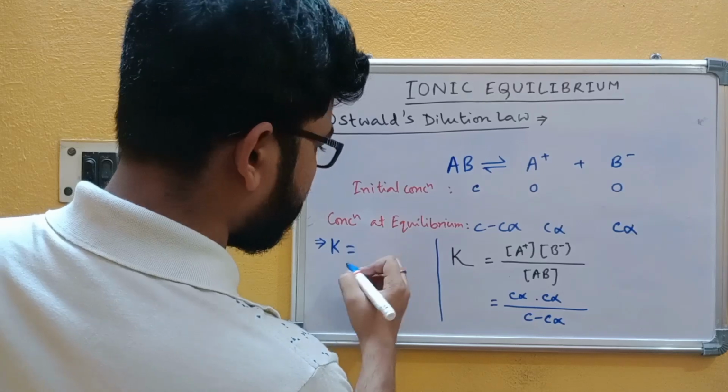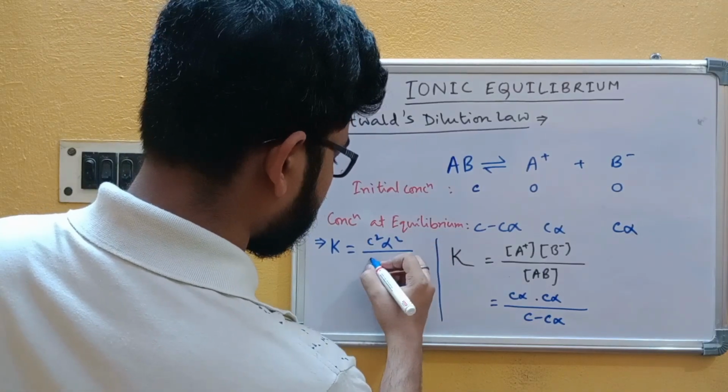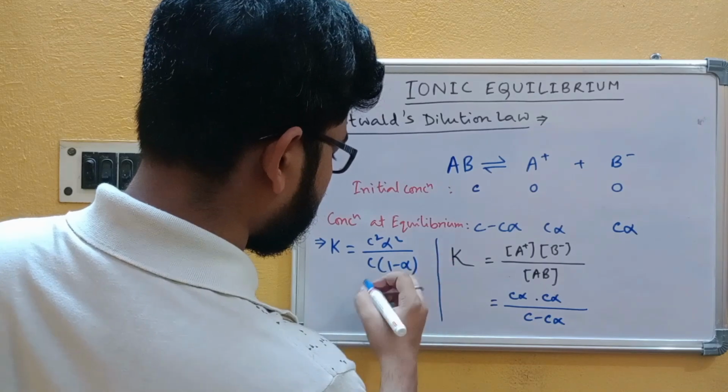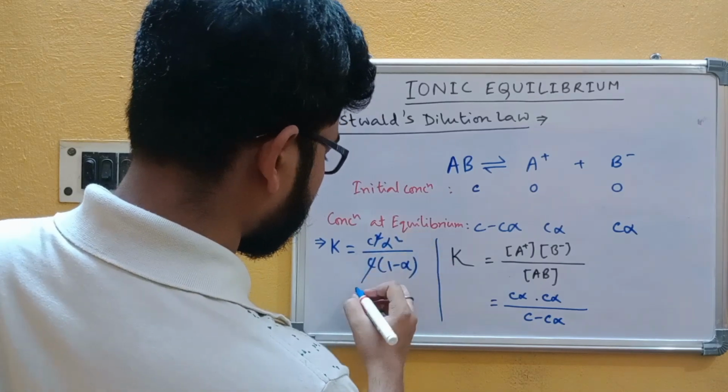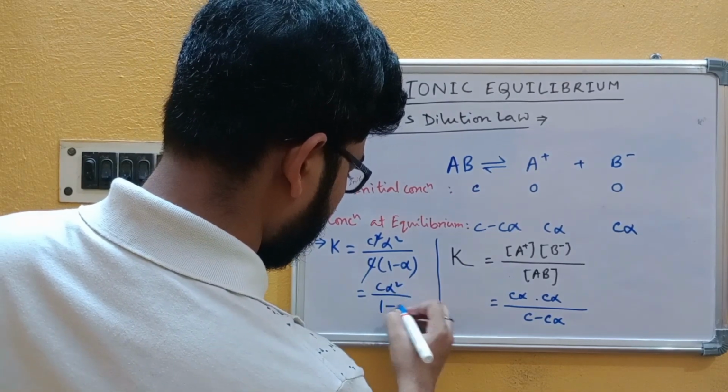So K will be C square alpha square upon C into 1 minus alpha. This C cancels out and we get C alpha square upon 1 minus alpha.